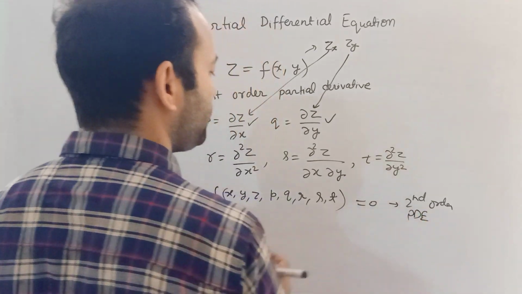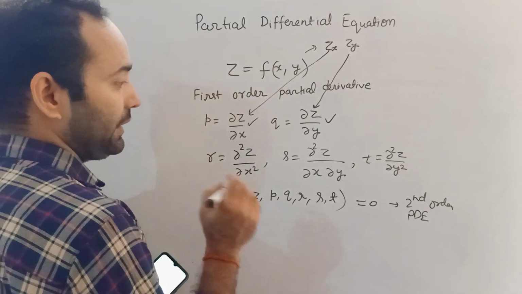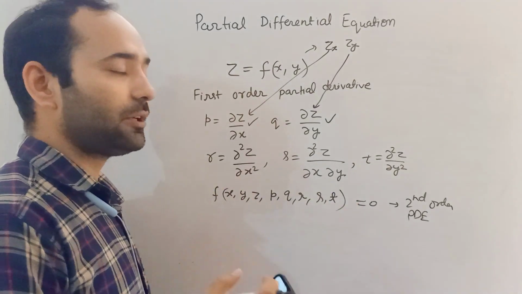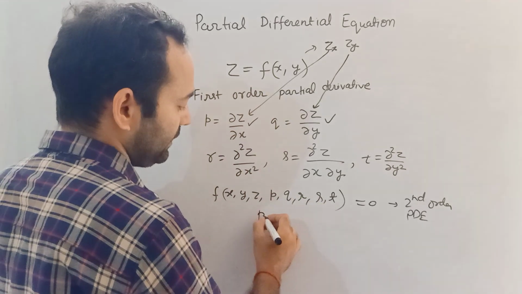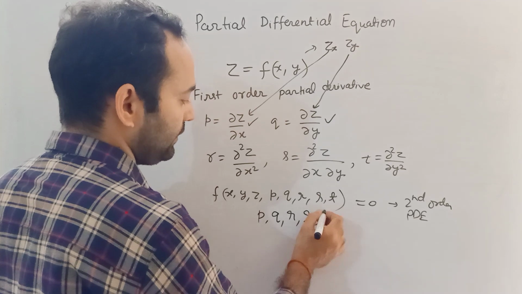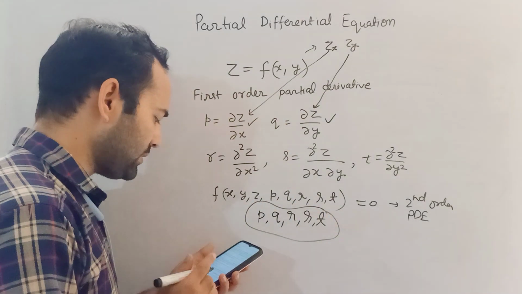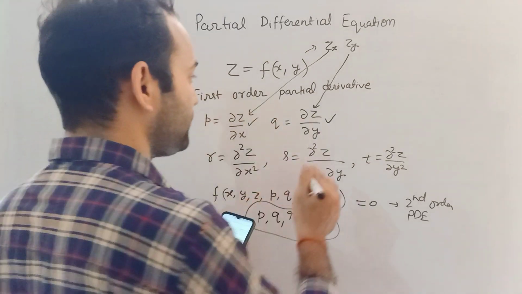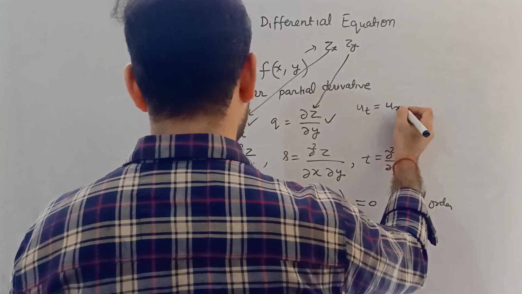Now this is the second order PDE, but whether it is linear or not, how will you know? When the equation is linear in p, q, r, s, t, like in the previous case. What are the examples I can tell you? First is u_t equals u_xx.